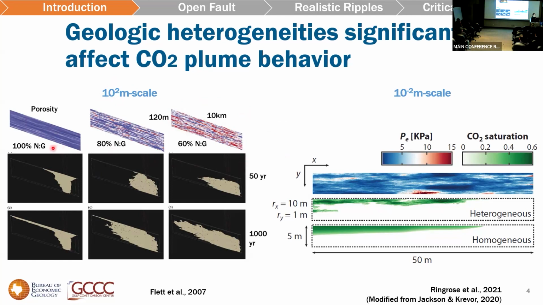And you see that with the decreasing net to gross ratio, how the shape of the plume is significantly altered. And also we have here a centimeter scale heterogeneity. And still, you see that when comparing simulations between a homogeneous versus a heterogeneous reservoir full of these centimeter scale heterogeneities, you can see how the plume migration pattern is also significantly impacted.